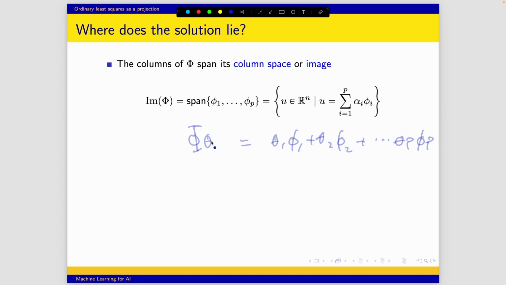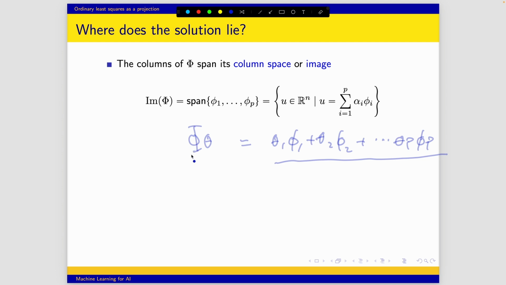So every multiplication of a vector by this matrix phi ends up as a linear combination of these column vectors, which is precisely what I'm defining here, this linear span. And we call this the column space, or equivalently the image of phi, meaning the image of phi is all vectors that are produced by matrix multiplication of this form for any theta.